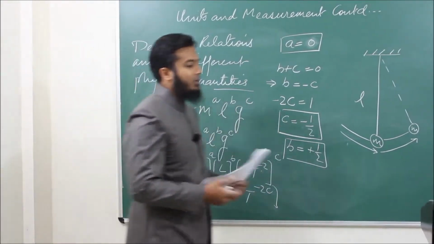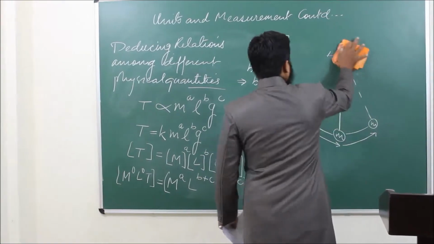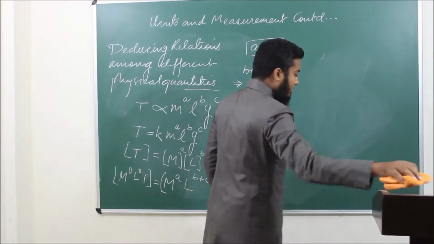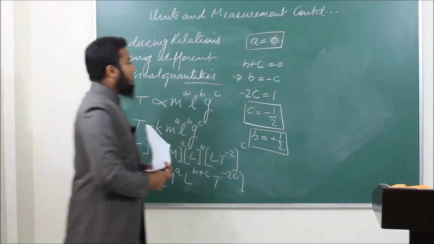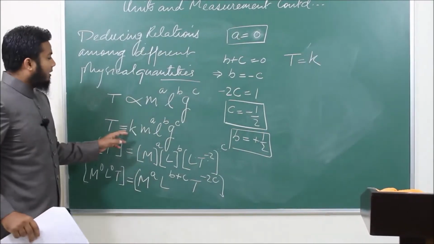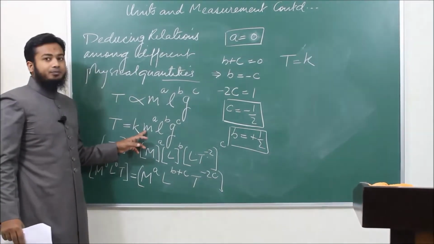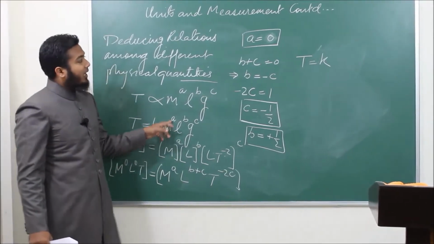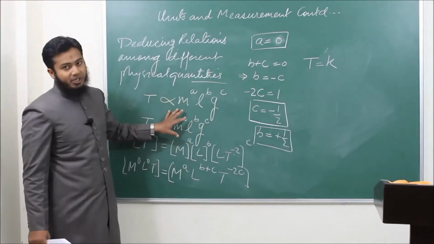Now I can put these values back in this equation here. So T will now look like k, the constant, and M has dimensions a, and a is 0. That means M will not appear in this formula.